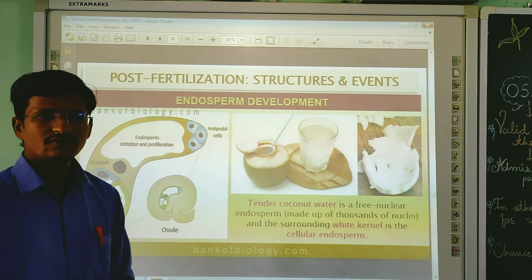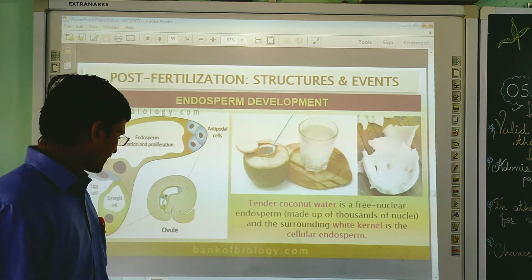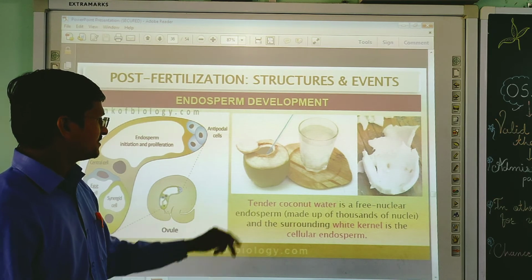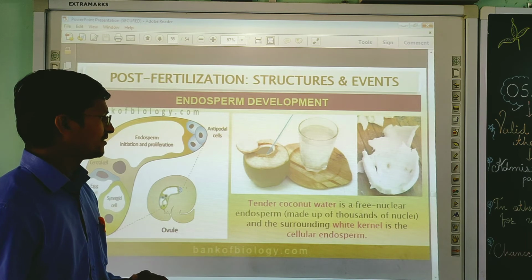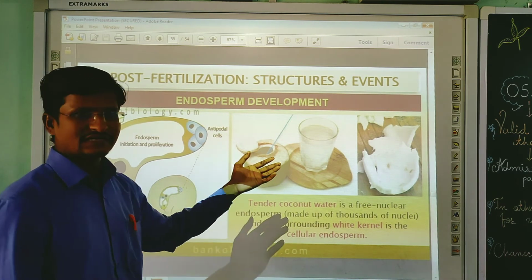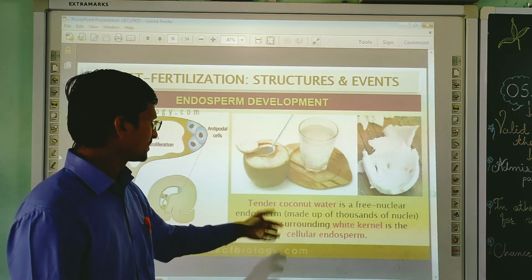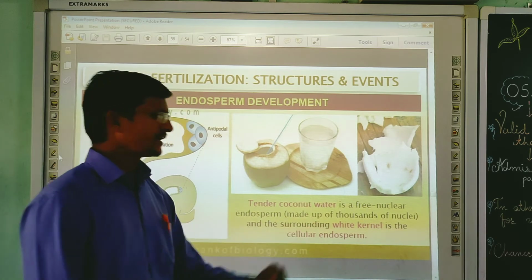Here cell wall formation will be there; that is why plants have cell walls. Remember this. Tender coconut water is a free nuclear endosperm made up of thousands of nuclei. The water we drink is the coconut water, and the surrounding white kernel is the cellular endosperm.